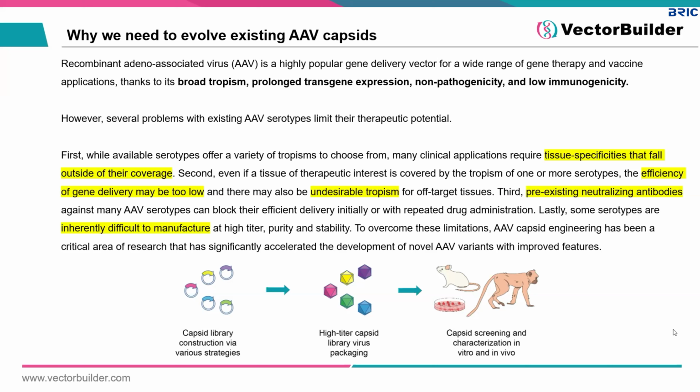Over the past decades, scientists have focused intensively on optimizing AAV by capsid engineering. To overcome existing AAV limitations, capsid engineering by directed evolution has been a critical area of research that has significantly accelerated the development of new AAV variants with improved features.